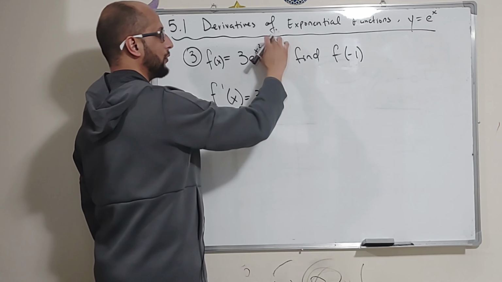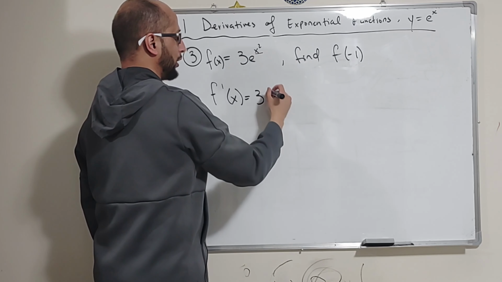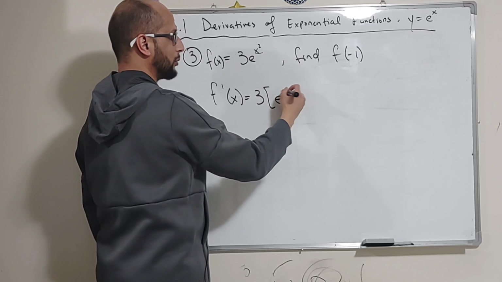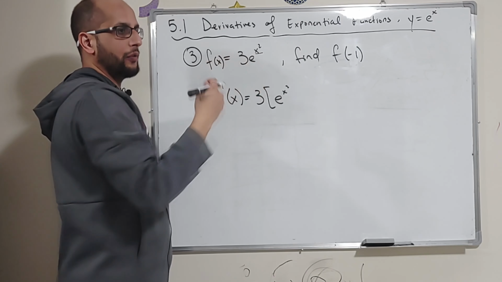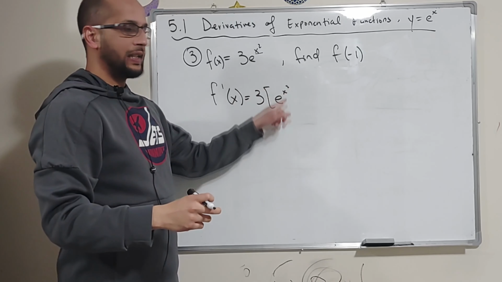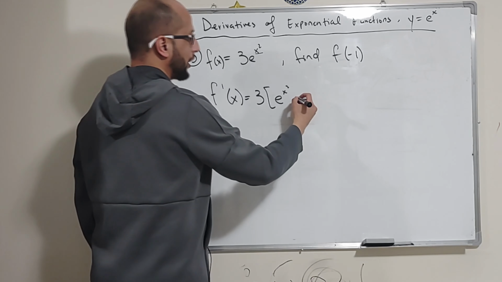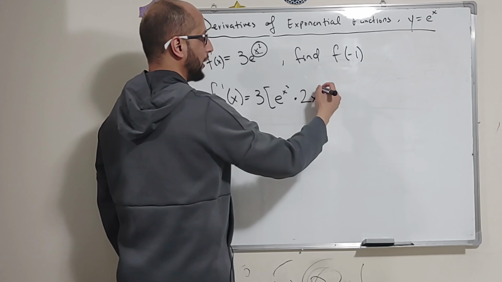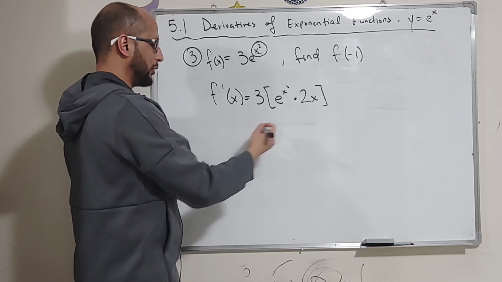To find the derivative of e to the power of x squared, you take the derivative of the outside function, which is e to the power of something, so it stays the same. That's just e to the power of x squared. Then you multiply it by the derivative of the exponent, so that's 2x, and that would be your derivative.